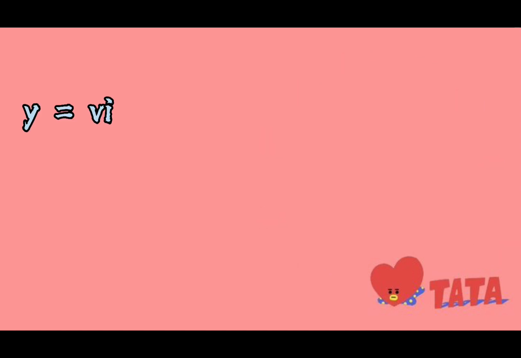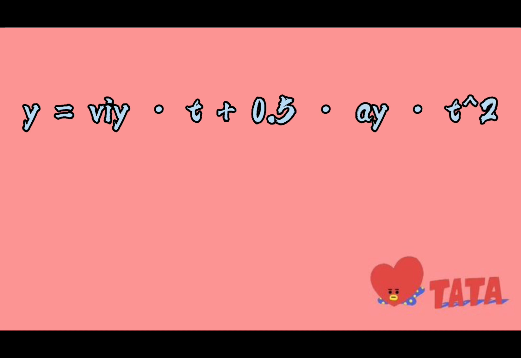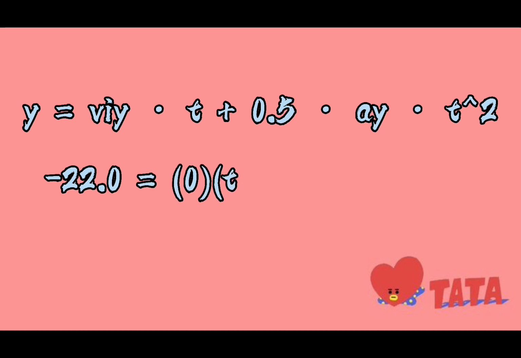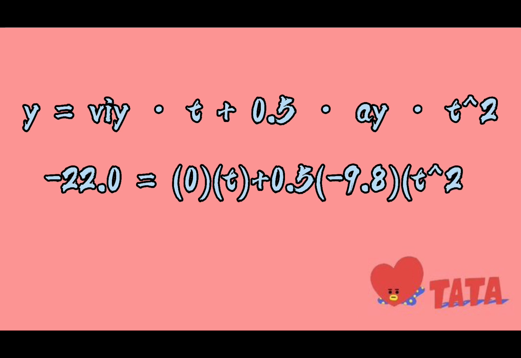Then, for the solution, we use y equals v initial y multiplied by t plus 0.5 multiplied by a sub y multiplied by t squared to solve for the time, which is the time of flight, 2.12 seconds.